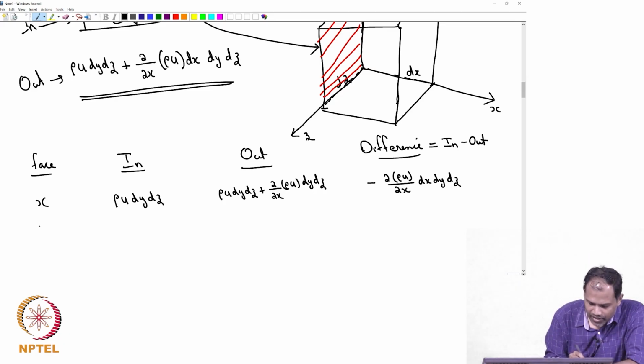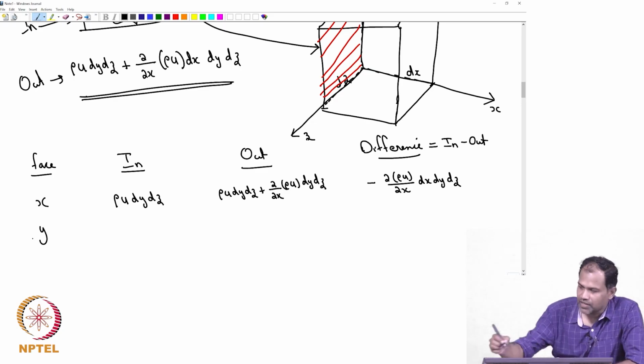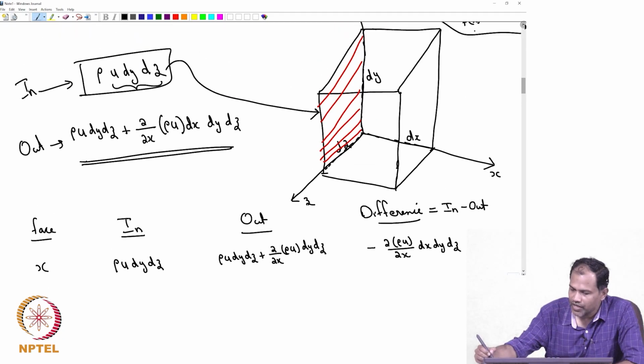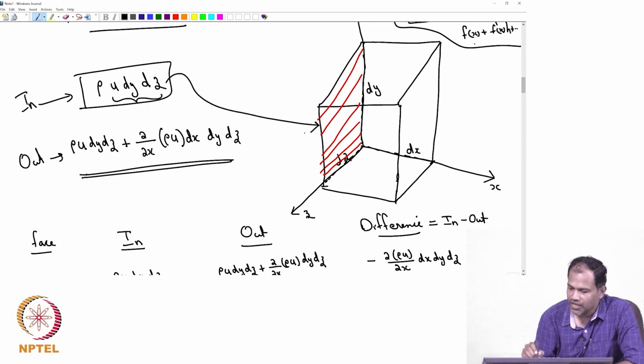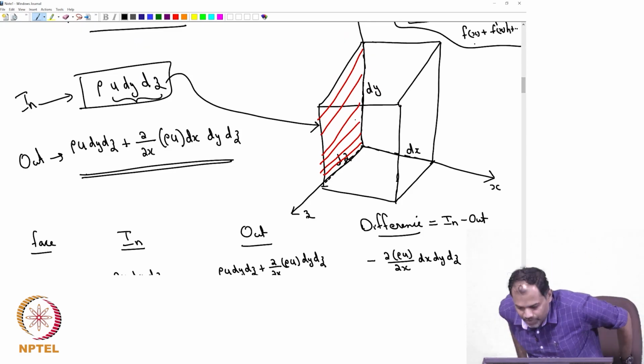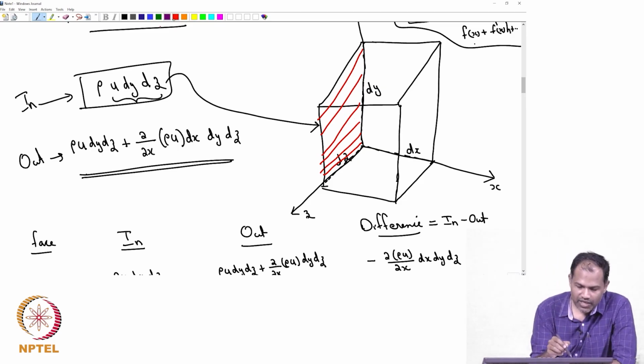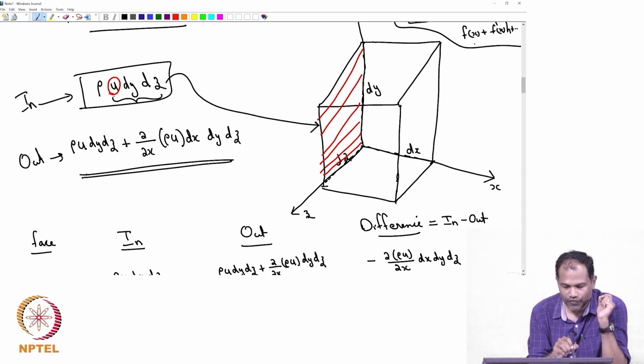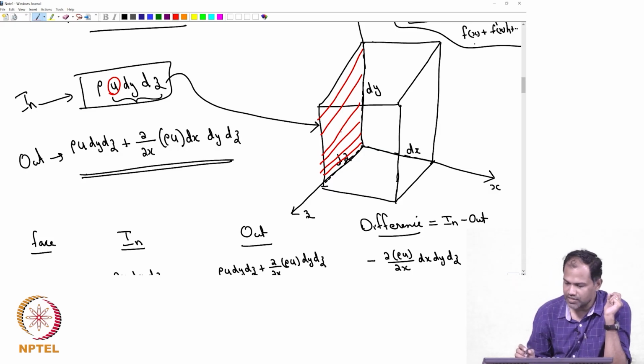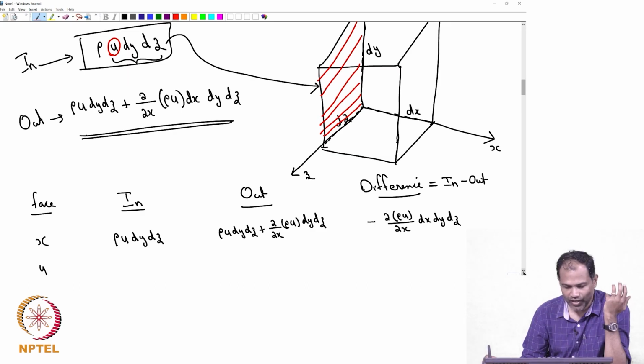Similarly, if I look at y, remember in this case we were looking at fluid going in through the area dy dz in the x direction, and therefore we used the x component of velocity, because the fluid having the x component of velocity u will be entering this domain. Now, if we are interested in flow in the y direction, we would have to look at the y component of velocity, v.